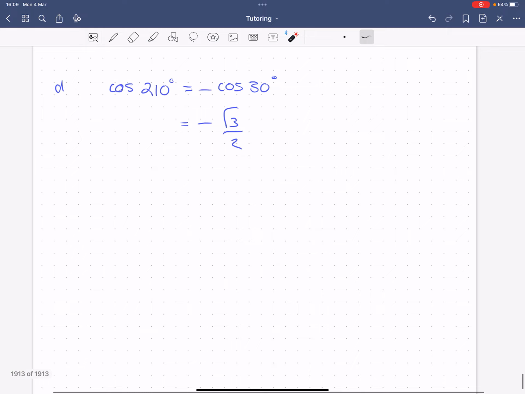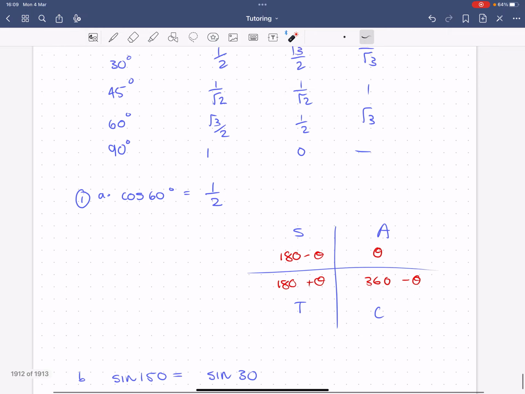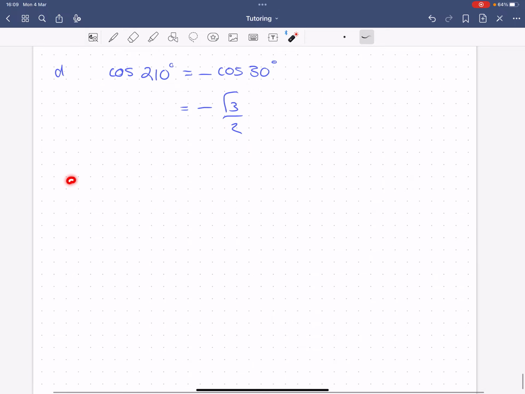Now, this idea of exact values and different quadrants goes into the idea of solving trigonometric equations. So let's say I were solving the equation 2 sine of x is equal to root 3. Well, in year 7 and year 8, we've experienced how to solve one-step equations and 2 and 3-step equations and so on.